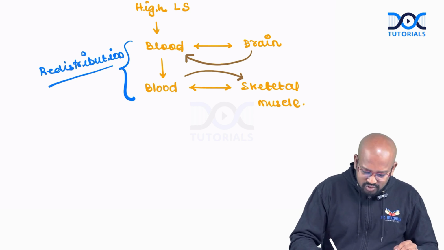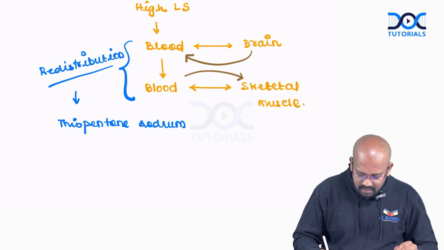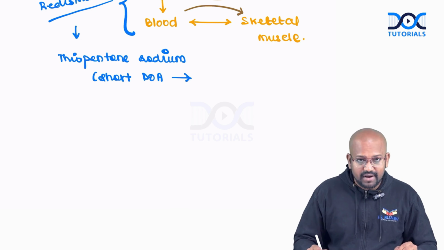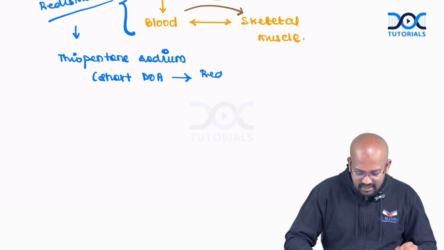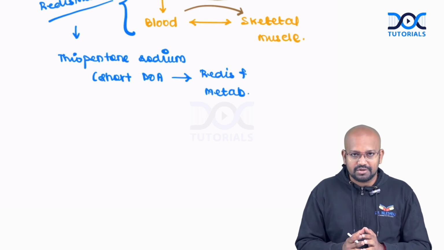It is not seen in most drugs, but seen primarily in a drug called thiopentone sodium. Thiopentone sodium, a famous question. Thiopentone sodium has a much shorter duration of action. And why does it have a shorter duration of action? Because of redistribution and metabolism.